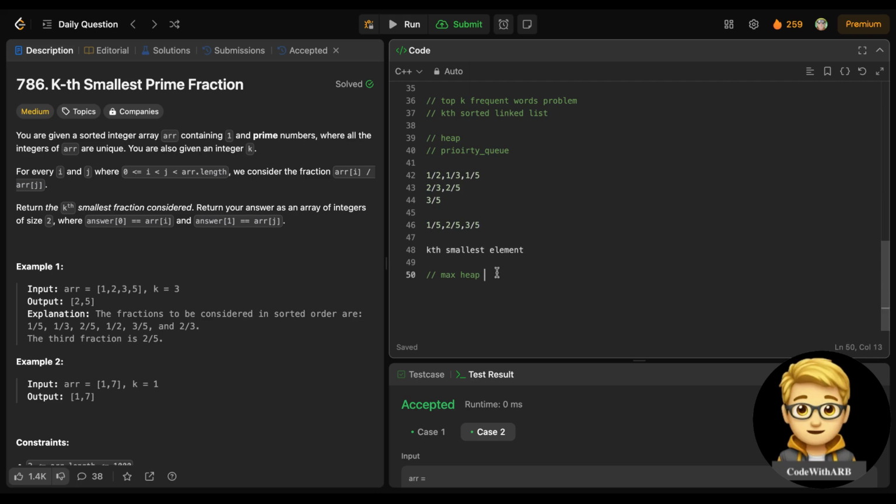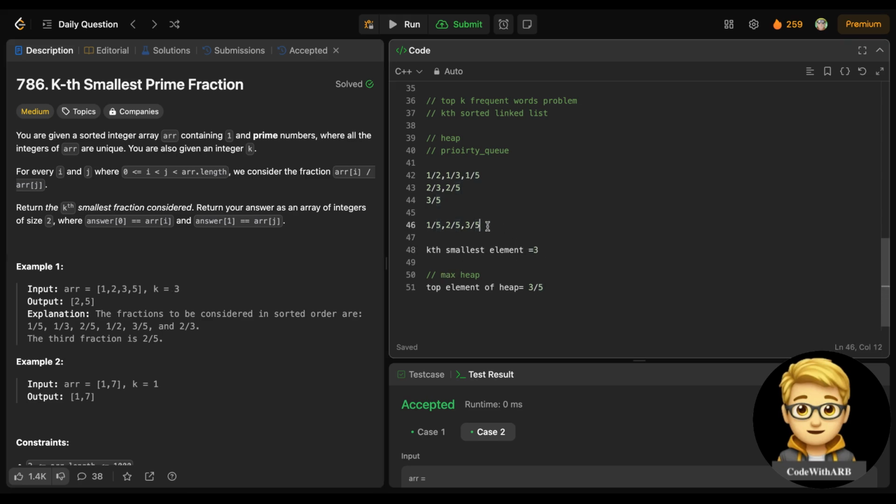So if I take the max heap, what will be the top element? It will be 3 by 5, right? And we need to find the kth smallest, which is the third. It is also possible that 2 by 5 and 2 by 3 can be this third element.